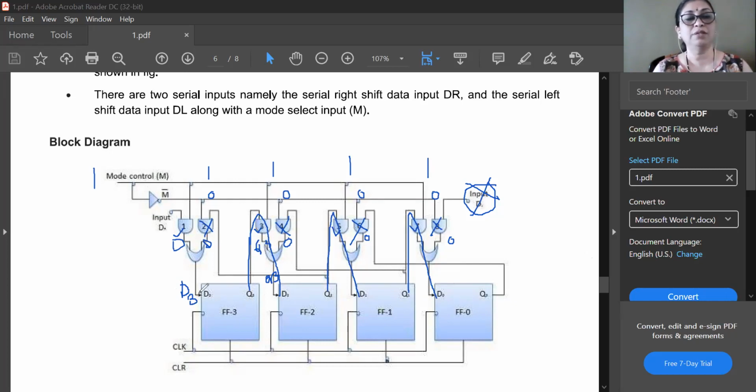During the next clock pulse, it will be X, D3, D2, D1. Then again it will be X, X, D3, D2. Then X, X, X, and D3. In this way the data will be shifted to the right when your mode control is at logic 1.